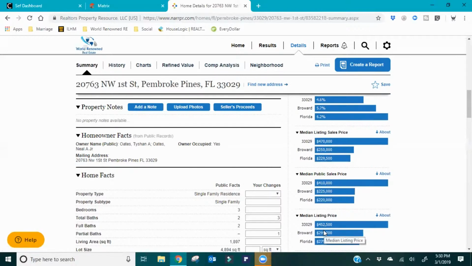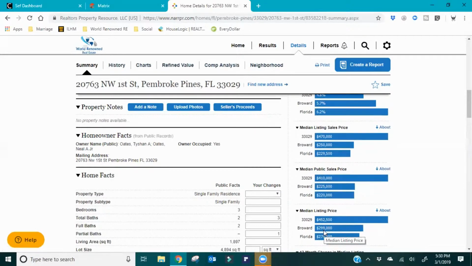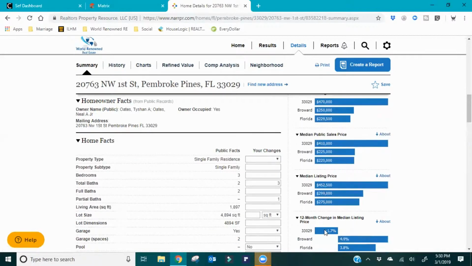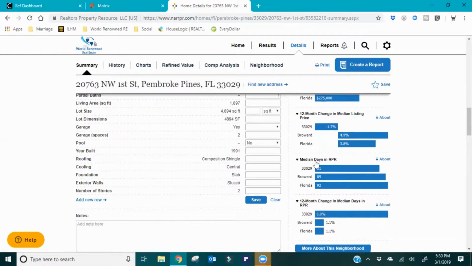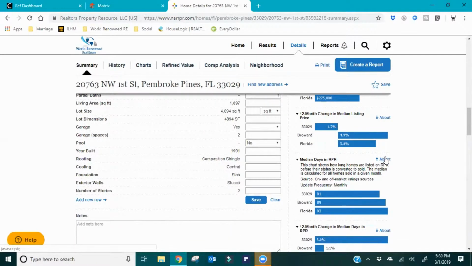Now, that's for the ones that are publicly listed. Why is this important? I can tell my potential sellers that if we accurately position the property, it's not far-fetched to expect a contract price above the list price. And that should also let us know another number here, days in RPR, or what we're going to look at is median days on market.